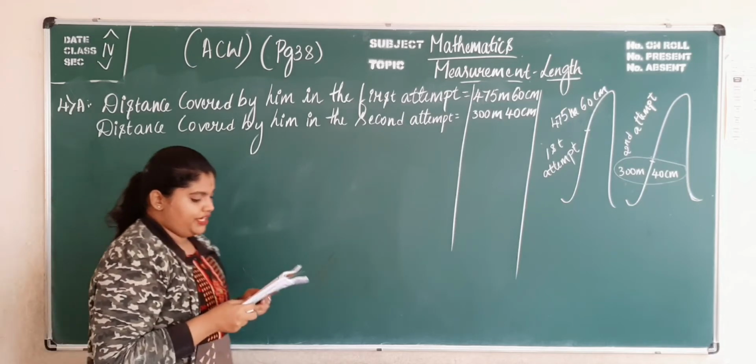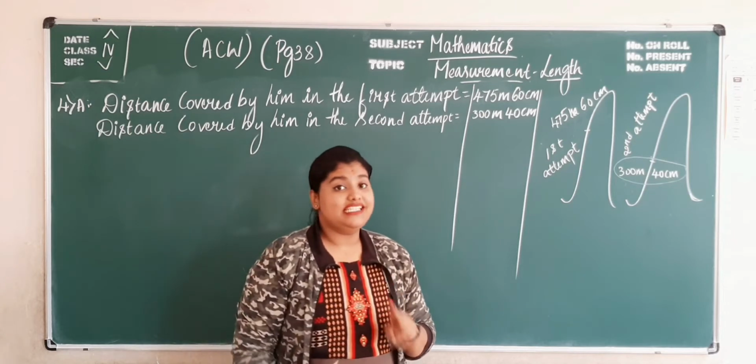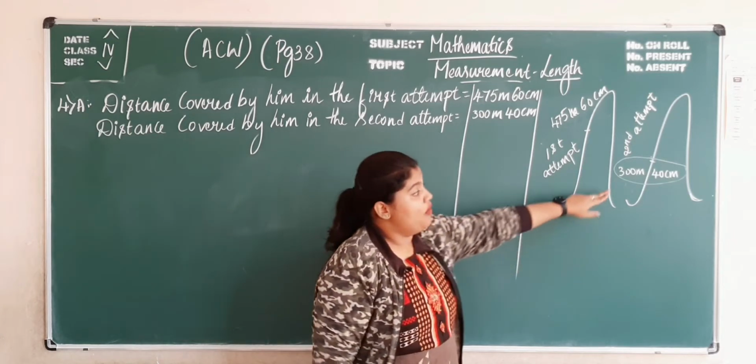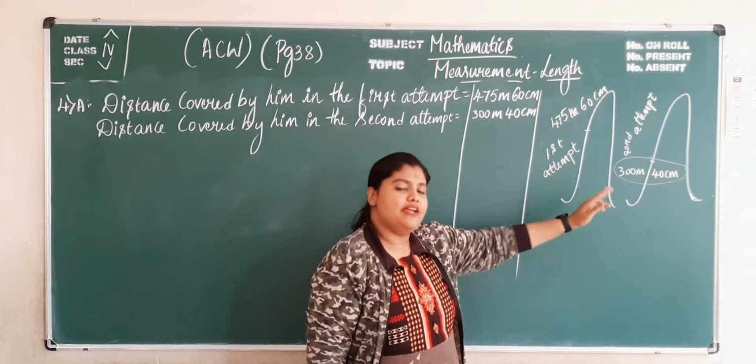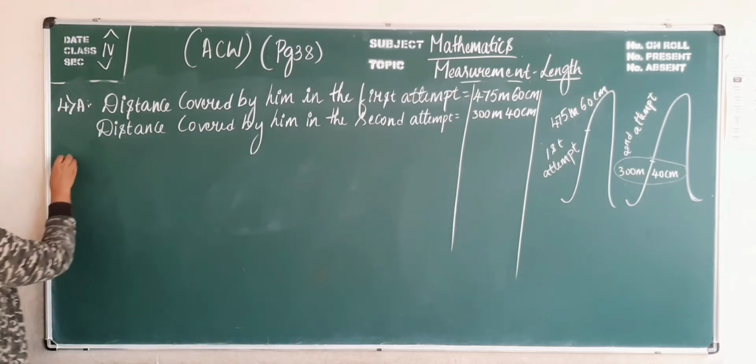So what we have to find out? Yes, how much less height he climbed in the second attempt. So how much less height he has climbed in the second attempt, that you have to write. So I write a statement like this.